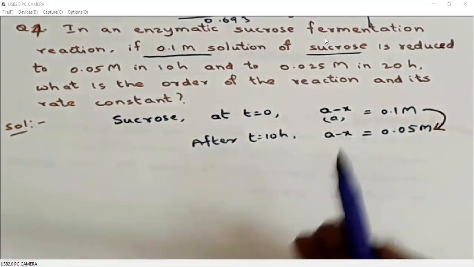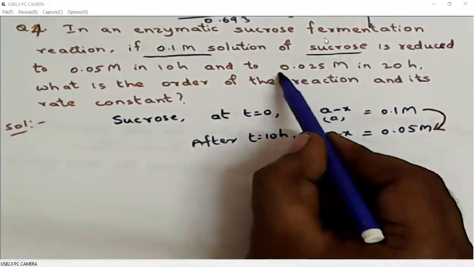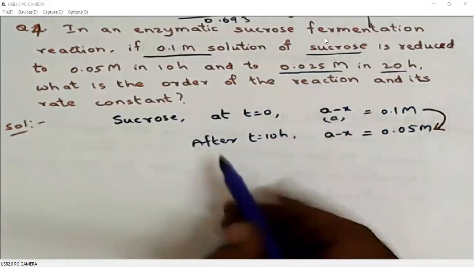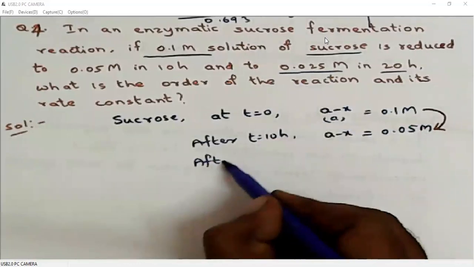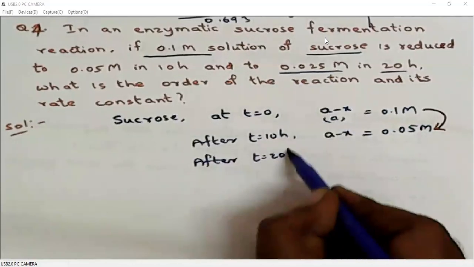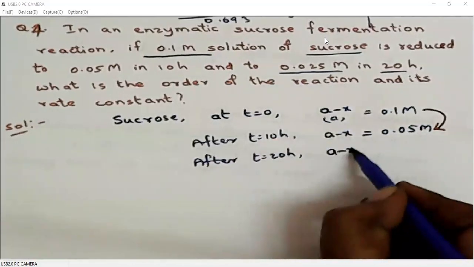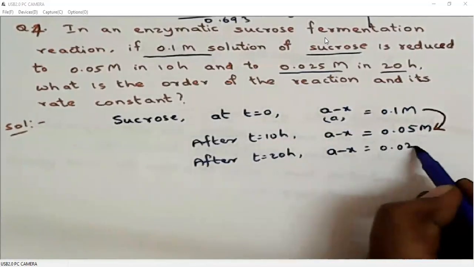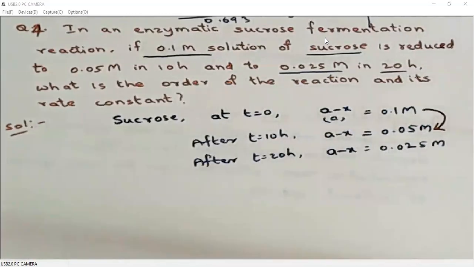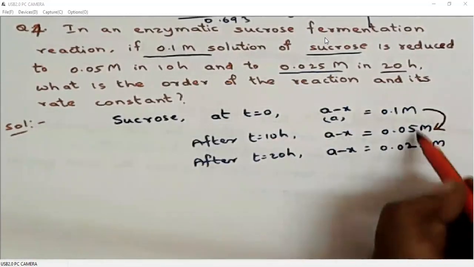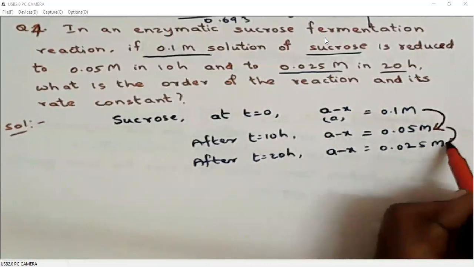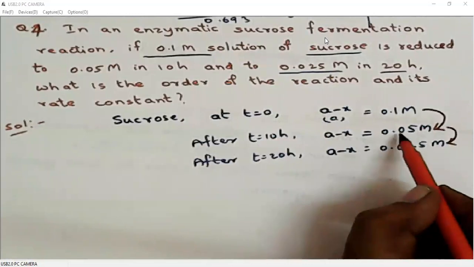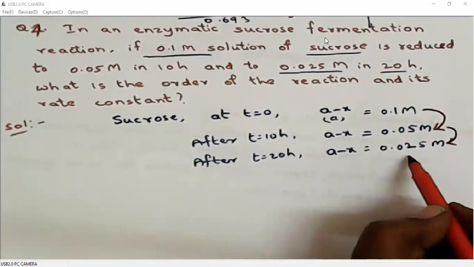Then again, it was given that it was reduced to 0.025 molar in 20 hours. So that means after T is equal to 20 hours, again the concentration of sucrose starting material is 0.025 molar. Now from this relation also we can clearly see that the concentration is halved from 0.05 to 0.025.